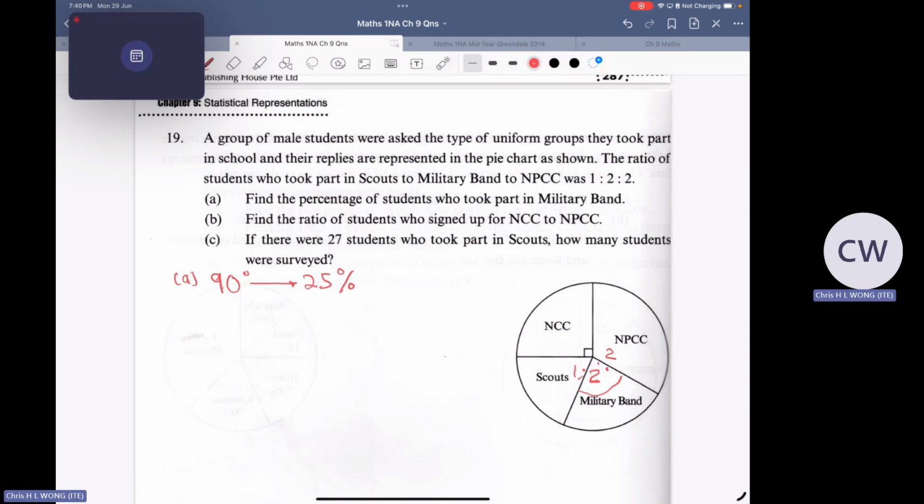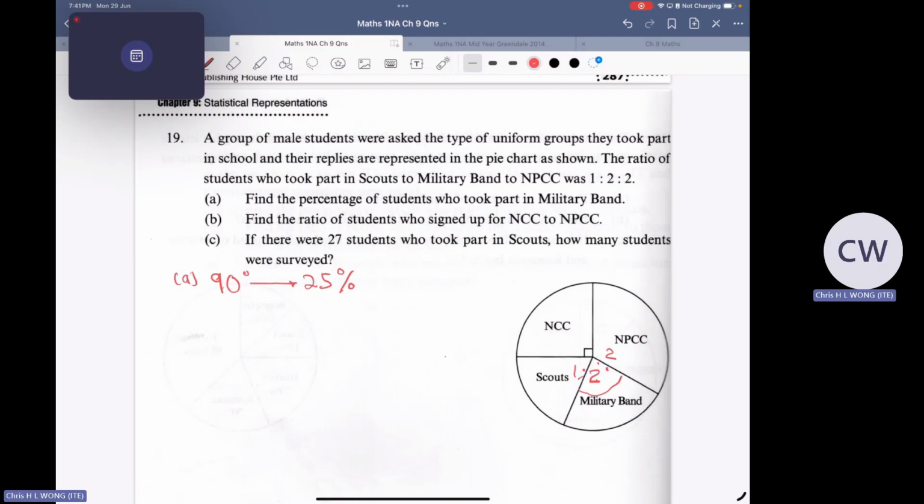Now what I need to do is to find out how many degree is a military band. I don't know, but I know the ratio. The ratio is 1:2:2. If I know this is 25%, I will know what is the total of Scout, military band, and NPCC.